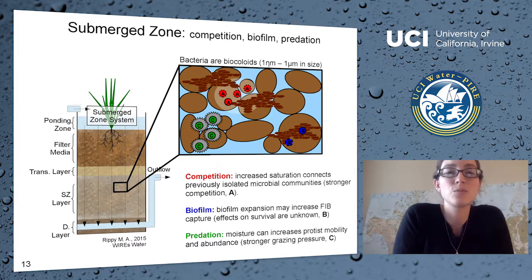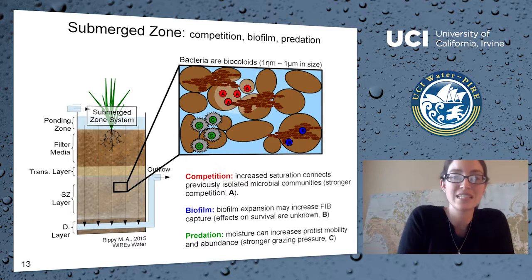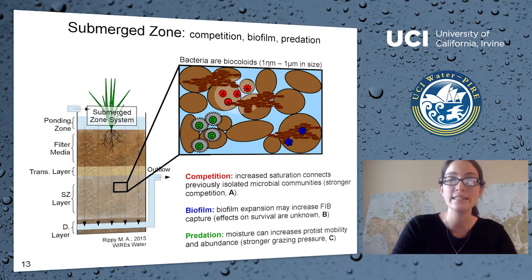So moving on to our submerged zone compartment on slide 13, submerged zones could impact fecal indicator bacteria removal by a variety of means, things related to competition, biofilm formation, or predation. So looking at competition for a bit, the submerged zone, because it increases saturation, it has the potential to connect microbial communities that would be disconnected in a more unsaturated system, which can increase competition.